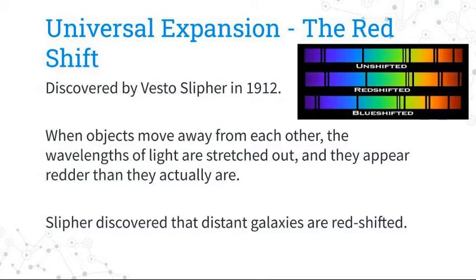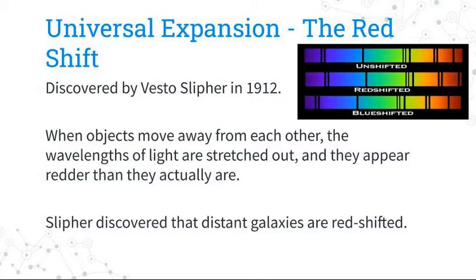Well, Slipher was looking at spectra of distant galaxies and comparing those spectra to spectra that were given off when the same elements that those galaxies were thought to be made of were burned on Earth. And he noticed that, for example, he would see the right pattern of dark bands for sodium, but it wouldn't be at quite the right wavelength.